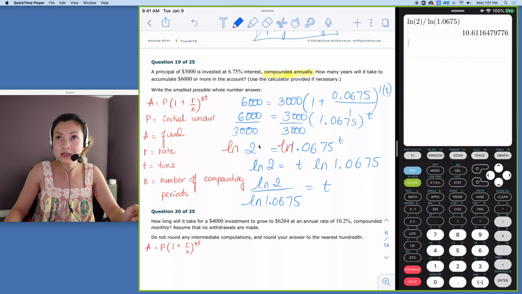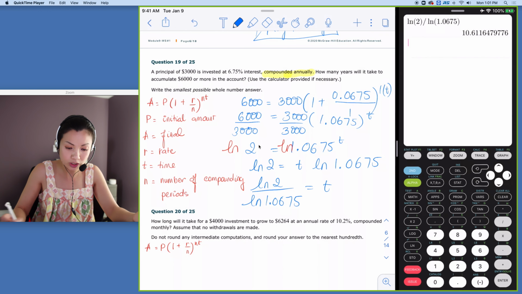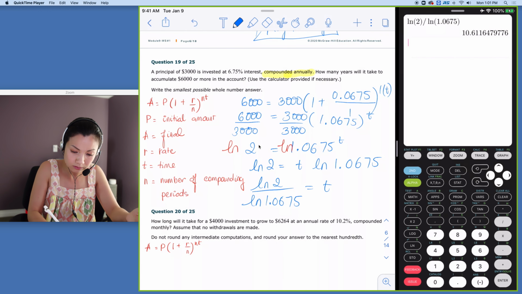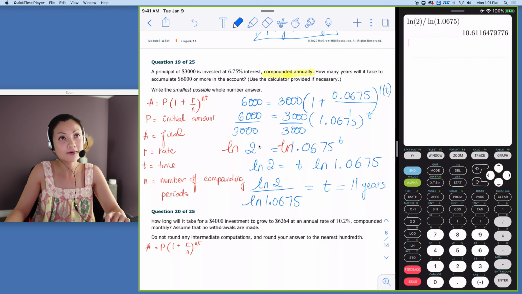So you can see that is approximately 10.661. So I'm going to round it to the whole number. So it's going to be 11 years. Right? Moving on, number 20.